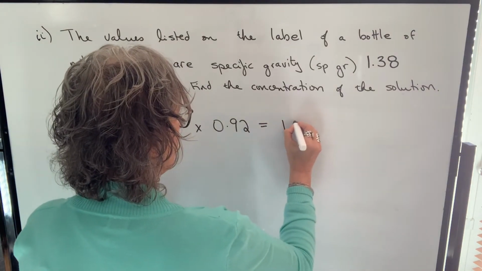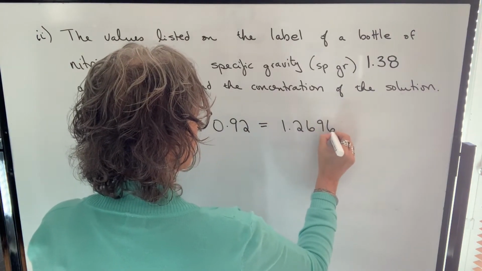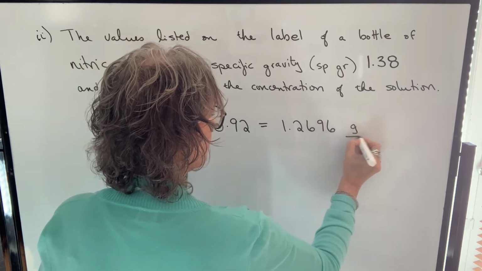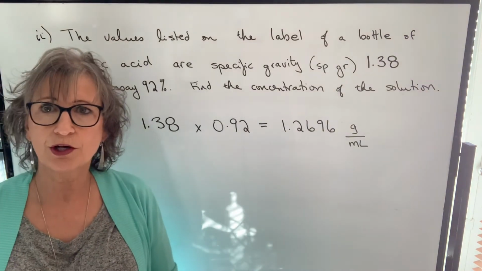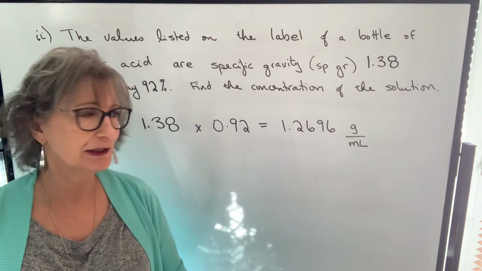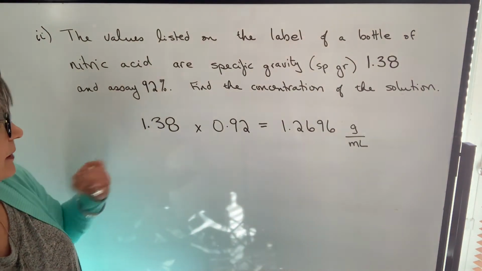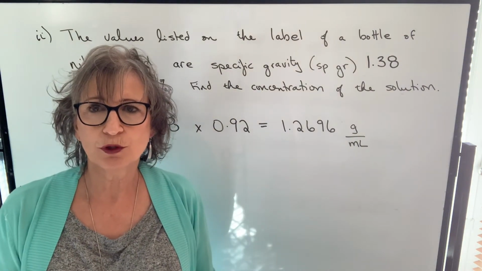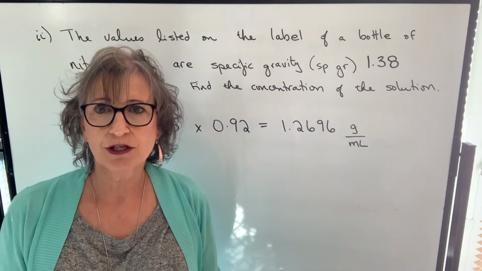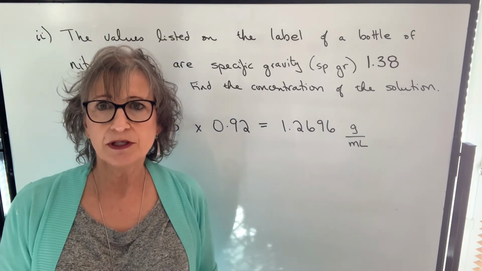And we get 1.2696. The unit will be grams per milliliter. Always grams per milliliter, because we're comparing to water. Water has a mass of 1 gram per milliliter, and this is 1.38 times heavier, and this is the purity of that substance.